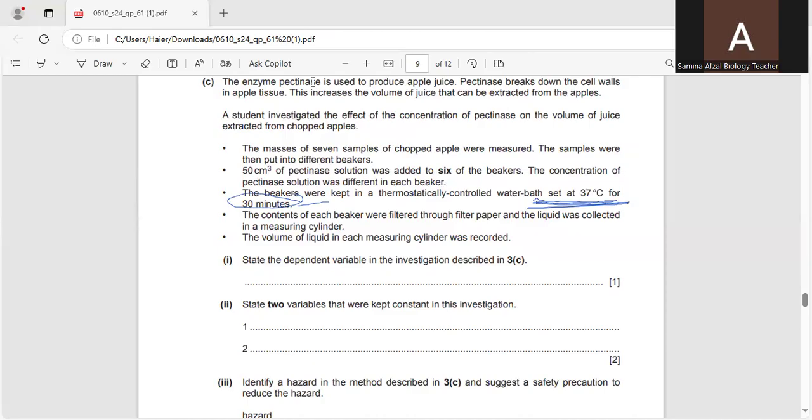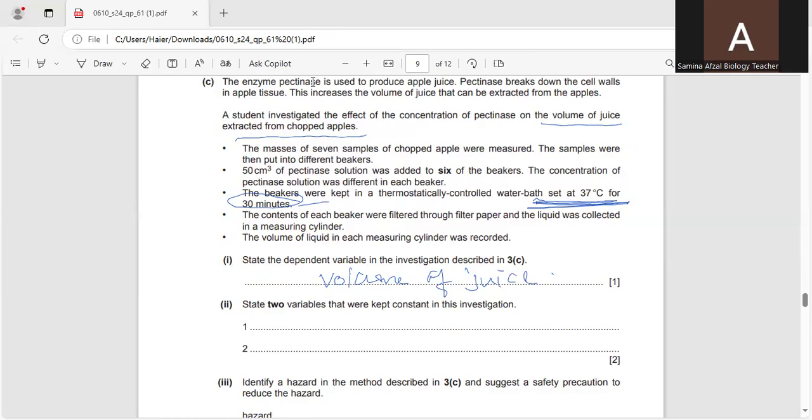State the dependent variable in the investigation described. We have to find the effect of the concentration of pectinase on the volume of juice extracted from chopped apples. So the dependent variable will be the volume of juice, because we have to find out the effect of the concentration of pectinase.